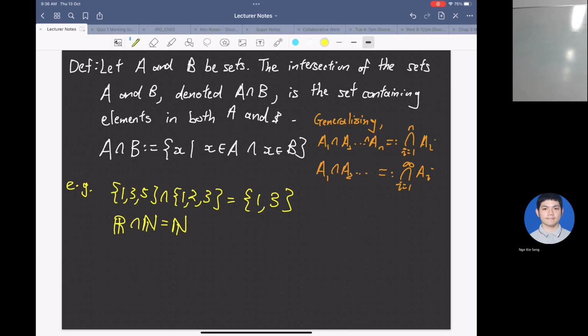Next, I have a similar intersection question on intervals. So let's look at this intersection here.